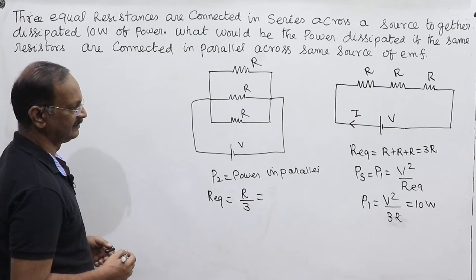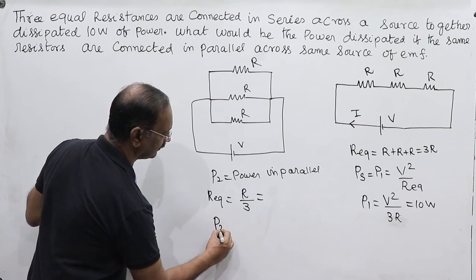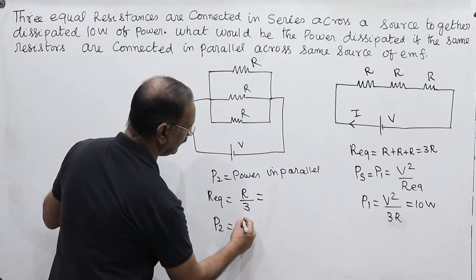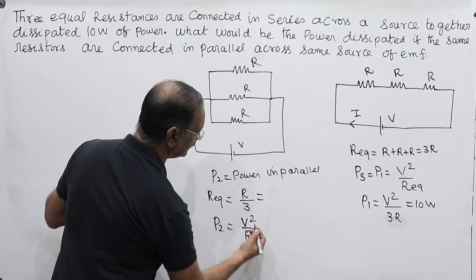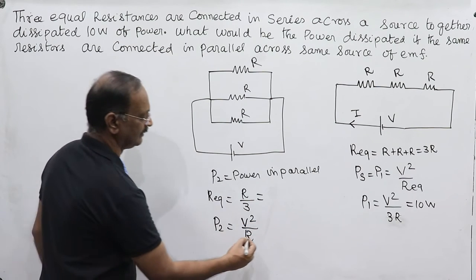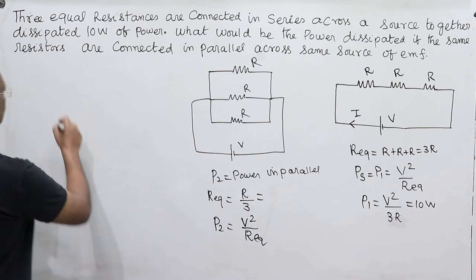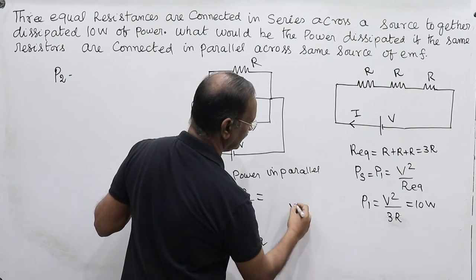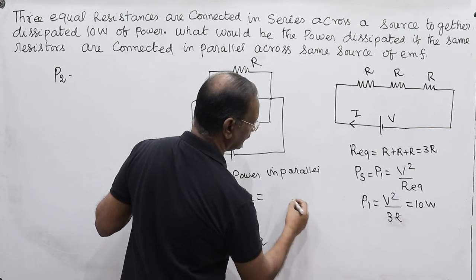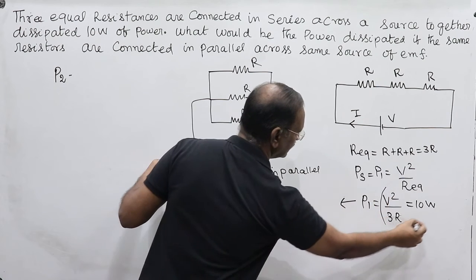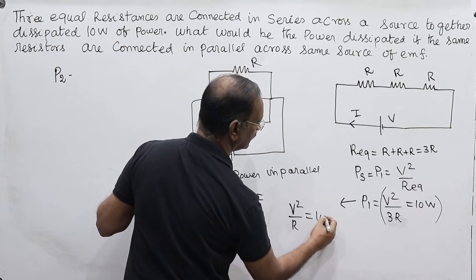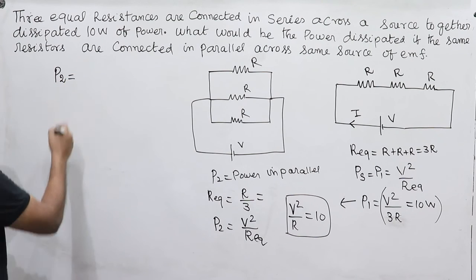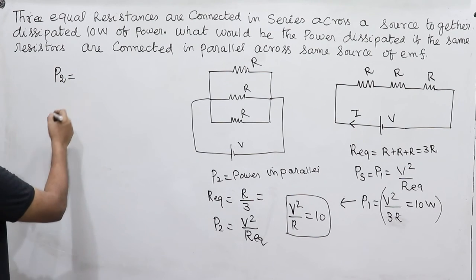Now, what about the power? The equation of power is P2 equal to V squared by R equivalent.